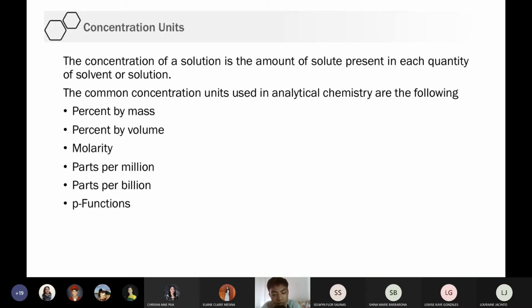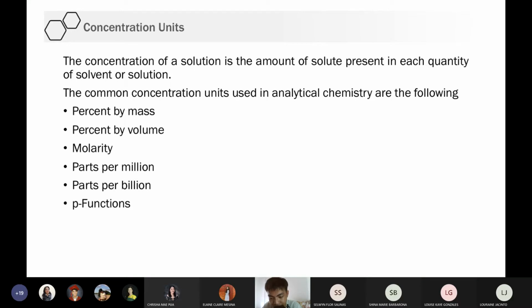So again, ano uli concentration unit? That's the ratio of your solute amount over the solution amount. Minsan solvent, pero uncommon yun. This should be familiar, especially sa mga STEM students dati, mga molarity, molality. Ngayon, yung ilan lang kukunin natin doon.